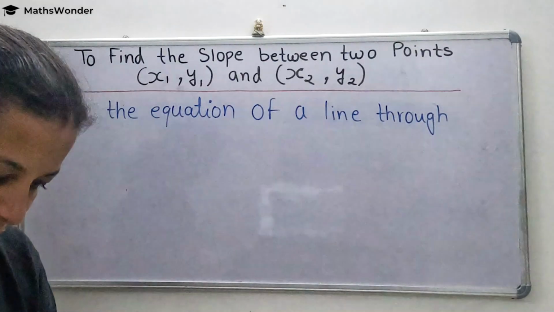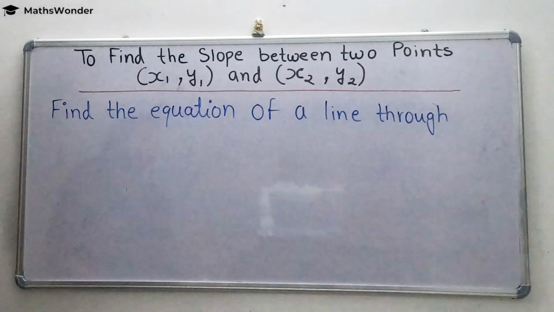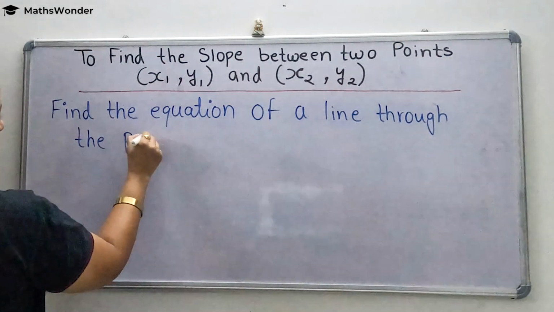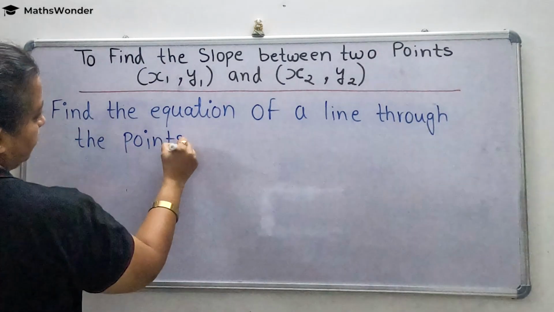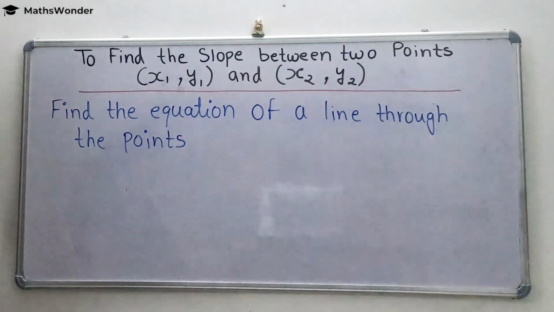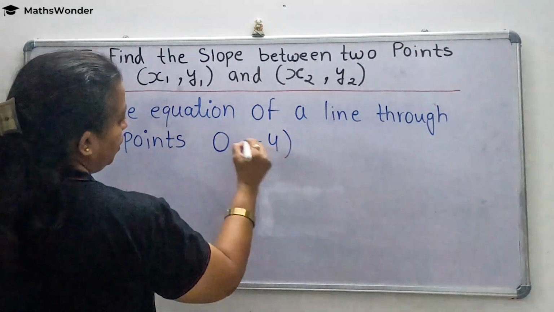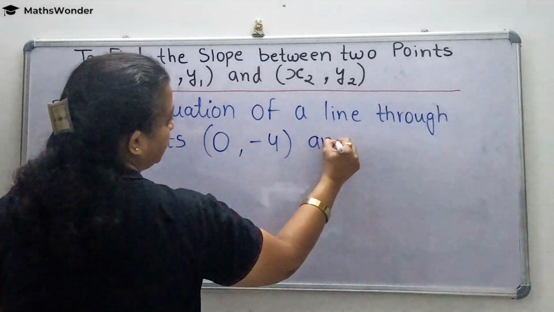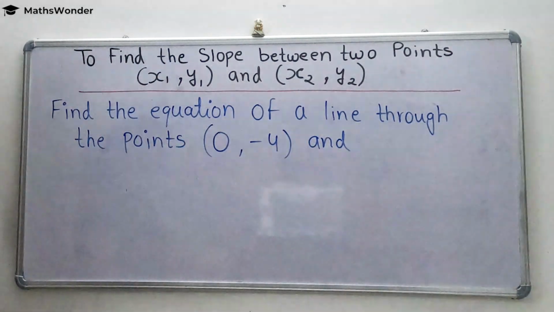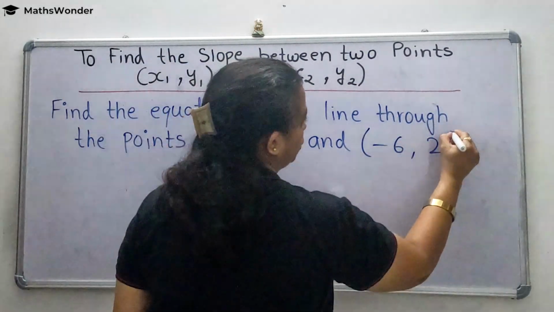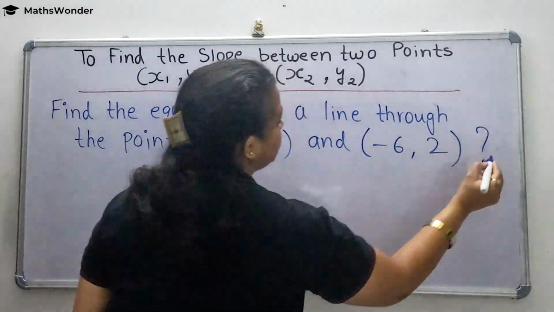I have to give an easy question, no? Equation of a line through the points 0, negative 4 and negative 6, 2. This is the question.